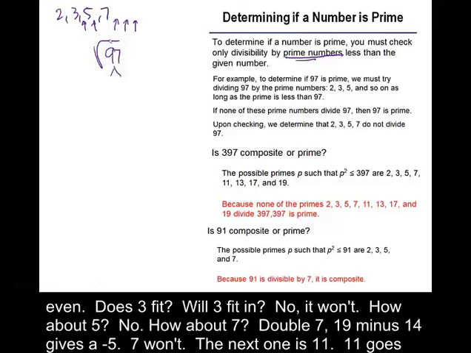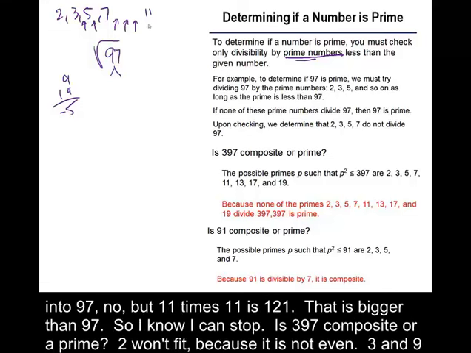Does 3 fit? Will 3 go in? No, it won't. How about 5? No. How about 7? Double 7, 14, 19 minus 14 gives 5. No, 7 won't. The next one is 11. Does 11 go into 97? No, but 11 times 11 is 121, and that's bigger than 97, so I know I can stop.